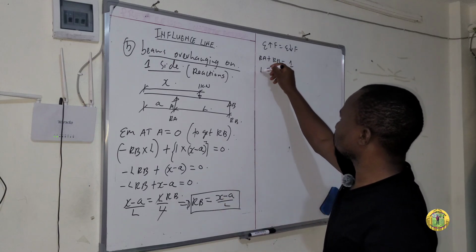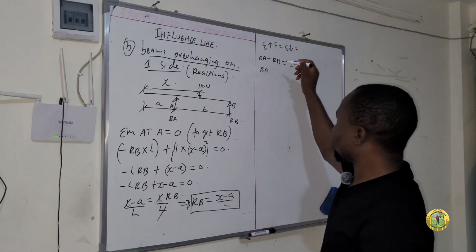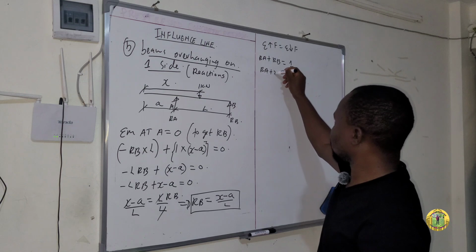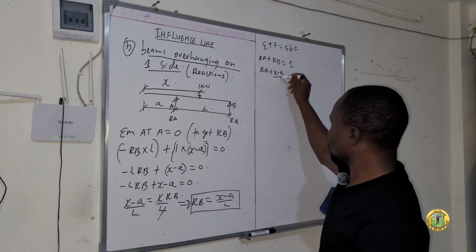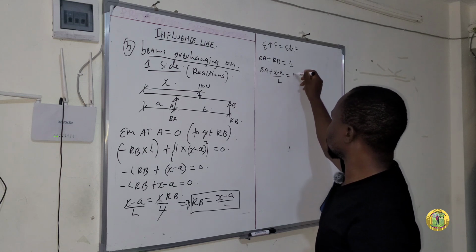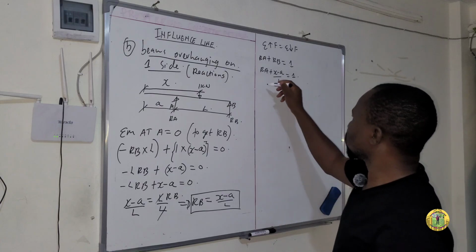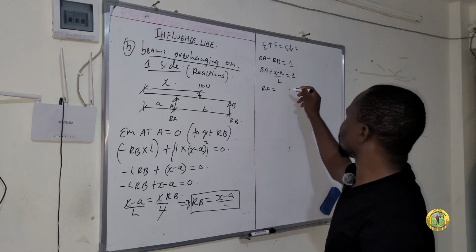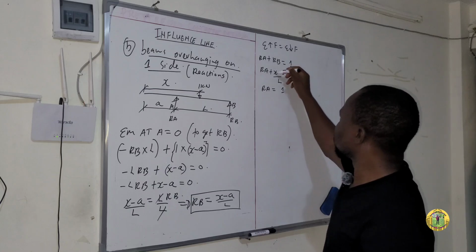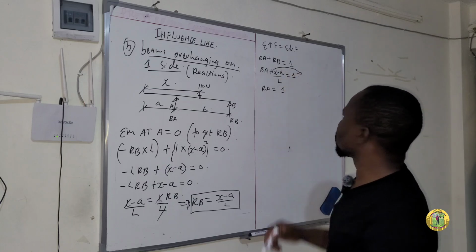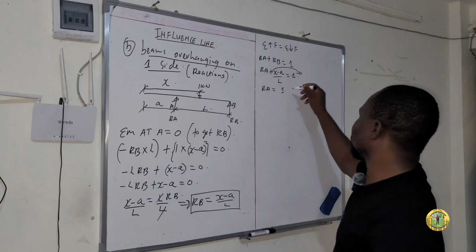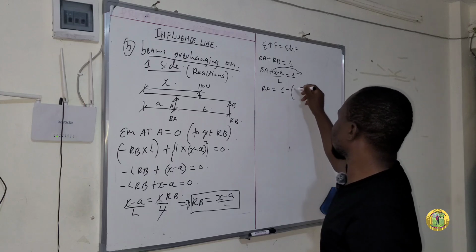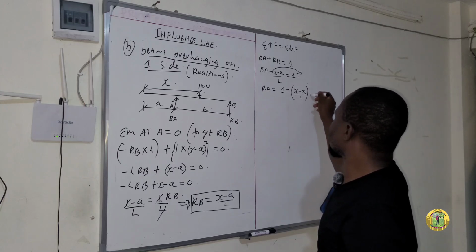So you'll say RA plus x minus A over L is equal to 1. So RA is equal to 1. This one will cross to the other side, so it will change from positive to negative, minus into bracket x minus A all over L.